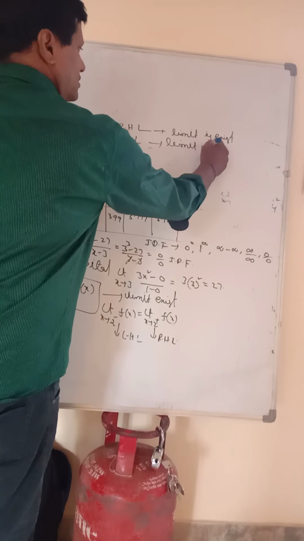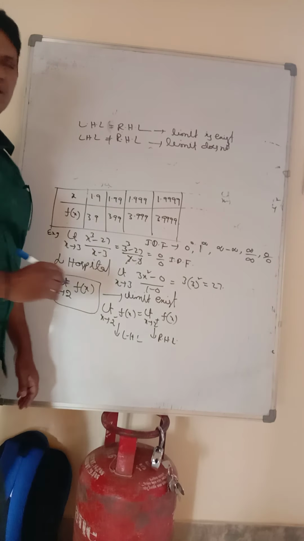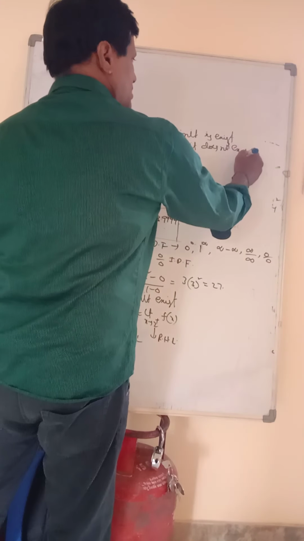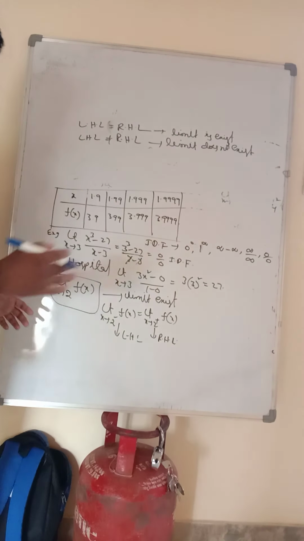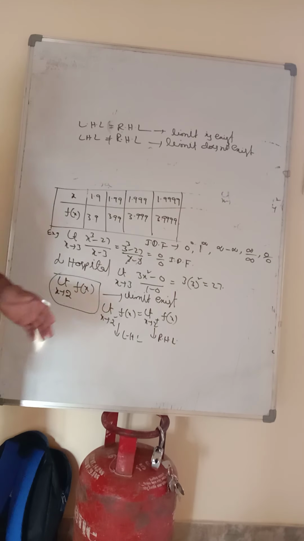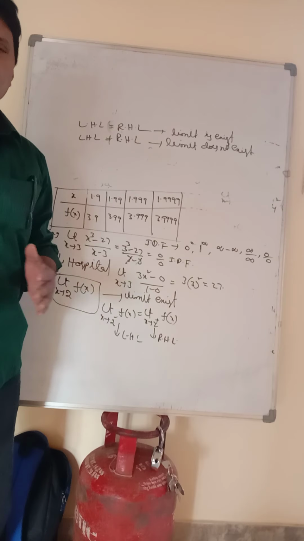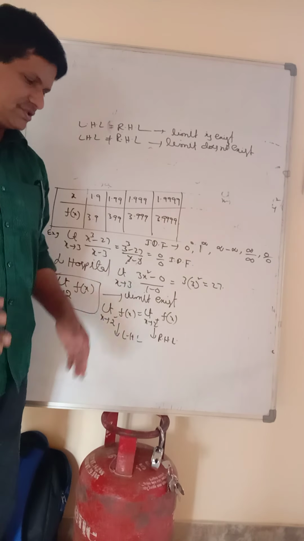Similarly for 3: limit x tends to 3 minus and 3 plus. If both are equal, the limit exists; otherwise, it does not exist.